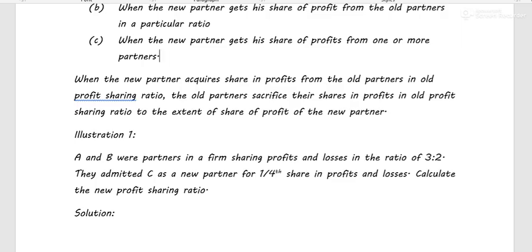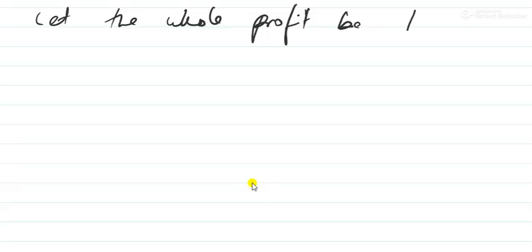Now according to our sum, we are supposed to calculate the new ratio, so we'll take the new ratio, not the old ratio. They admitted C as a new partner for 1/4 share in profits. So C's share is equal to 1/4.